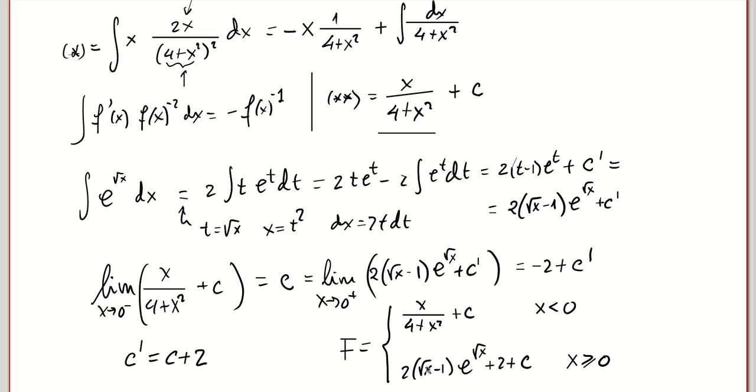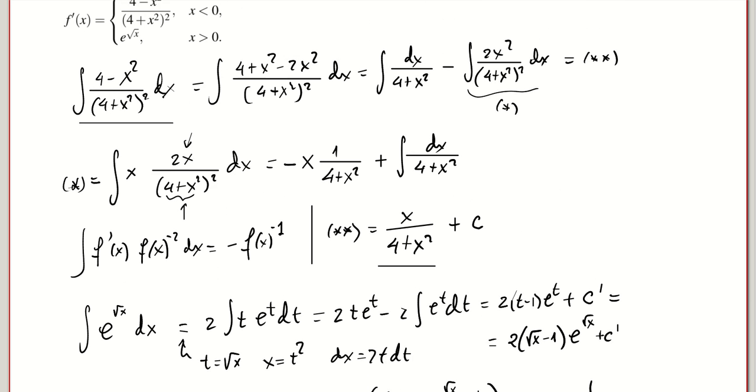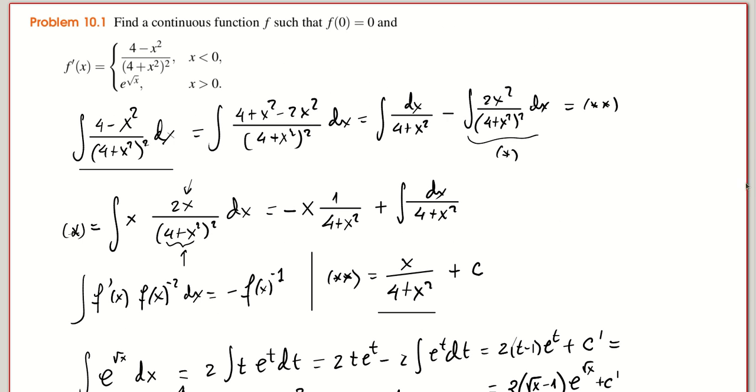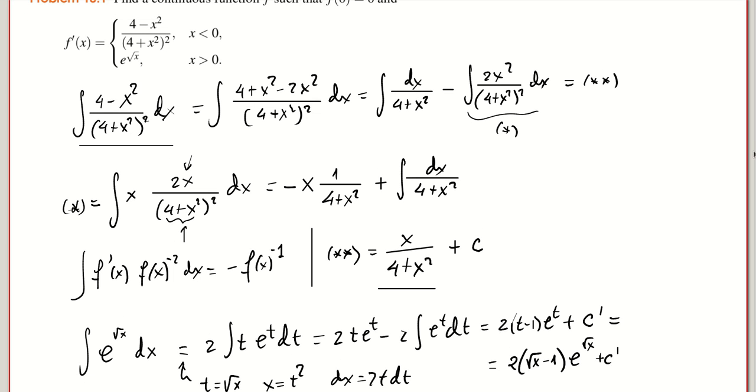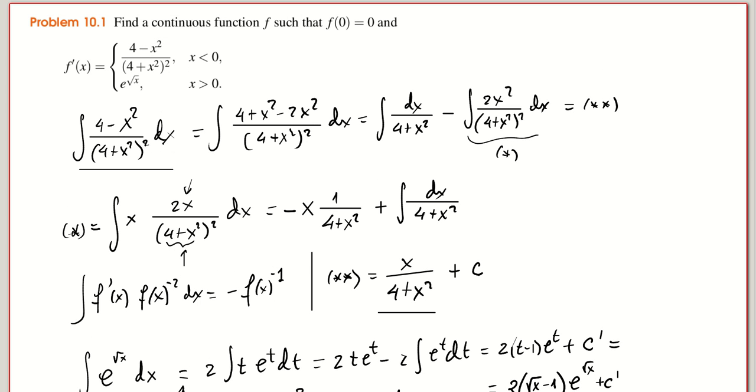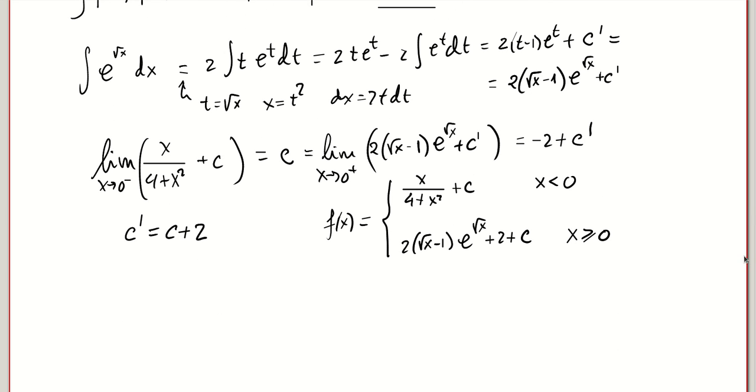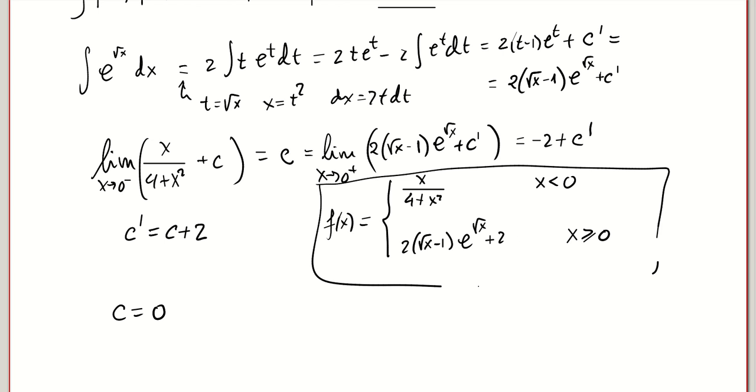And actually this function is f, because this one here was the derivative of f. So this is the primitive f. And now what we want is that the function at 0 is equal to 0. So if you substitute here, for instance, then c must be 0. So we remove this, and this is the primitive that we're looking for. All right, that's the primitive of this function.